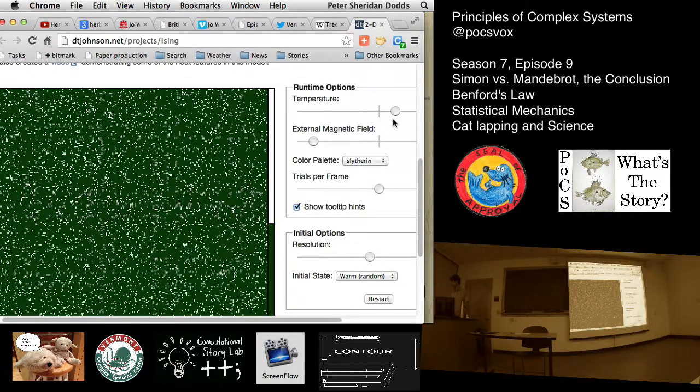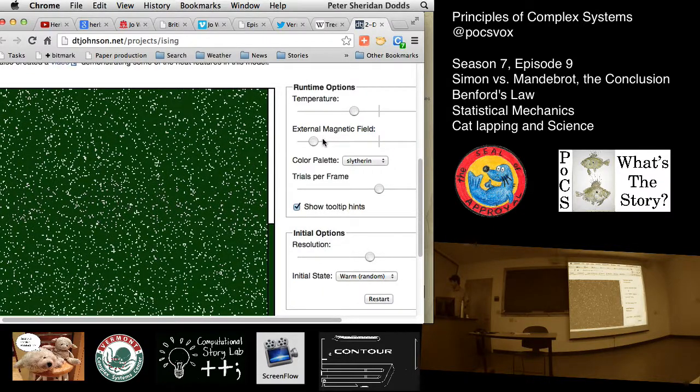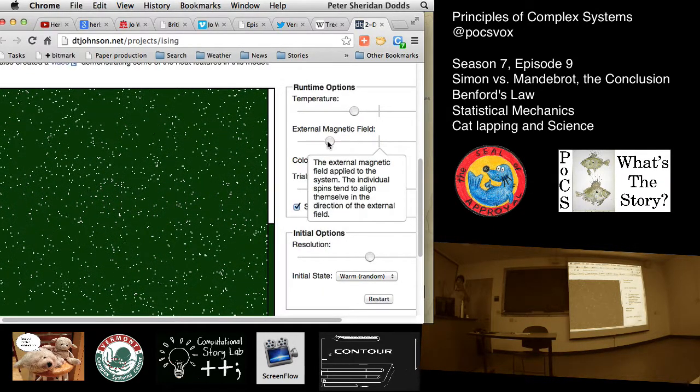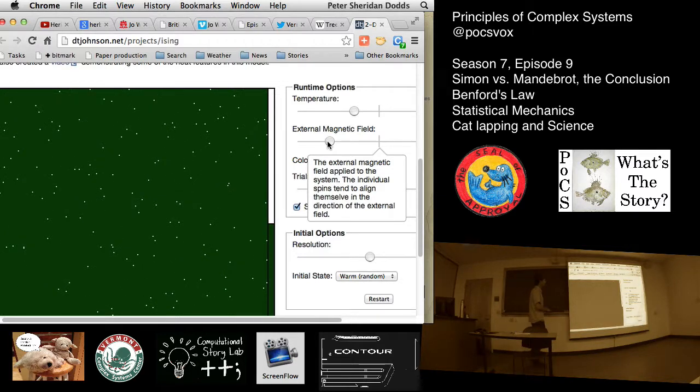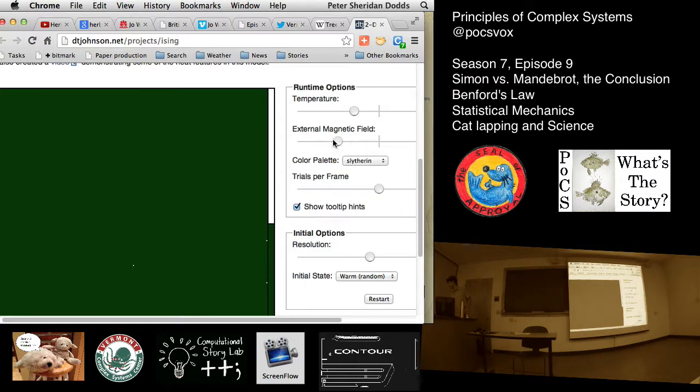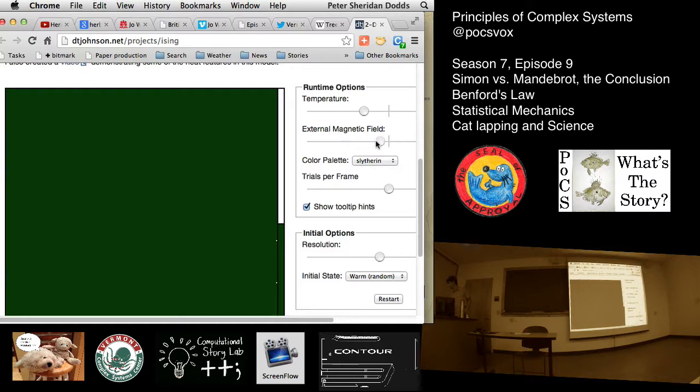So that's a whole other fun thing to solve. But the external magnetic field, you can imagine this is whether the place is right wing or left wing. Lots of craziness. But it's a beautiful example.